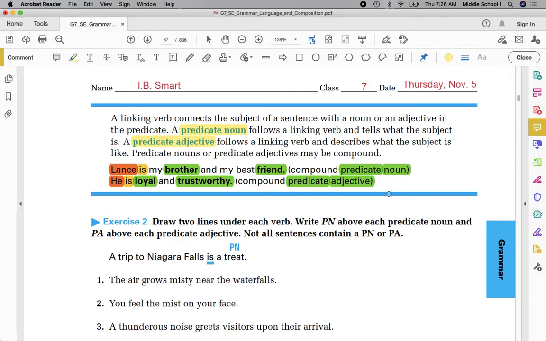Again, I think it would be extremely helpful if we go through each of these sentences and identify the subject, identify the linking verb, and then what word or words follow that says it's a predicate noun or predicate adjective.